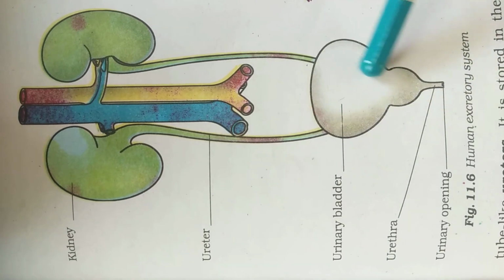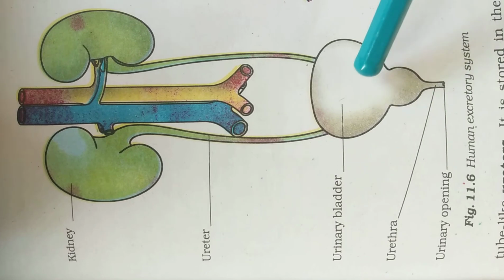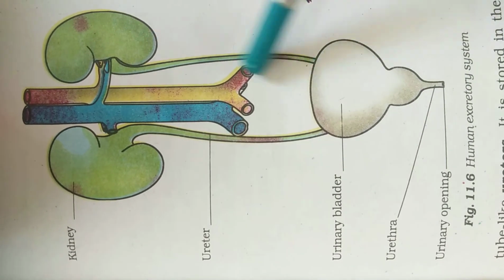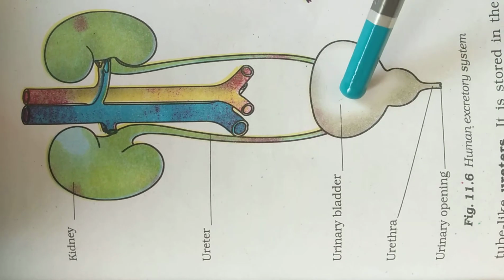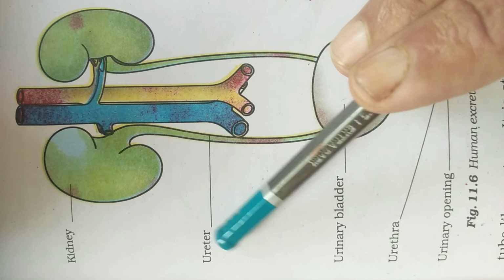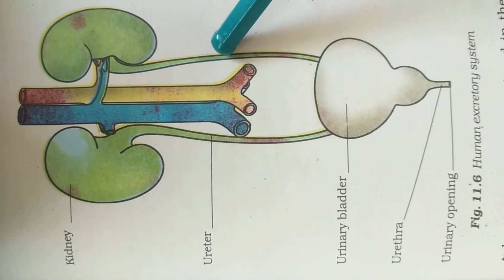Then in the urinary bladder, the urine is collected. From the kidney, the urine goes into the urinary bladder through tube-like structures, that is ureters. These are the two ureters.